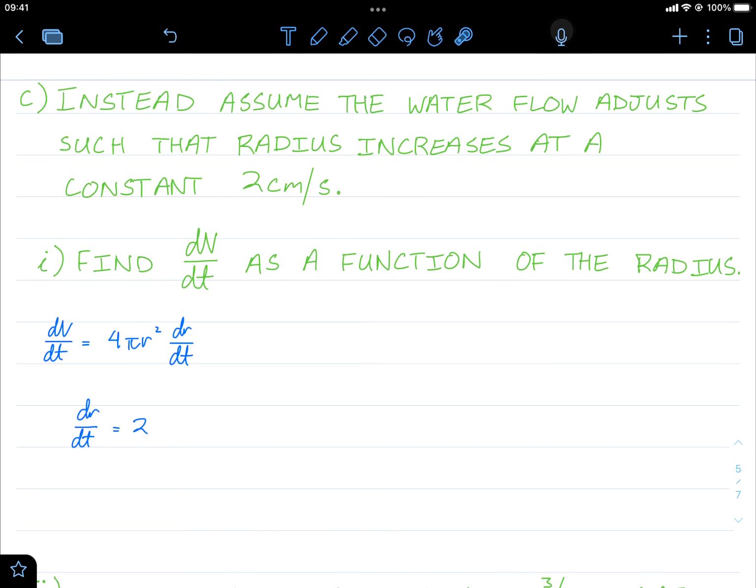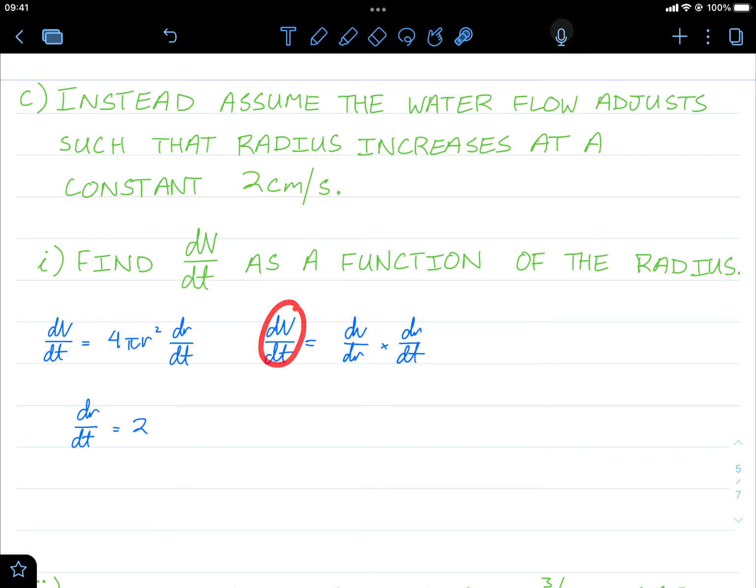So we can find dv over dt, because remember initially, right at the beginning, we had dv on dt equals dv on dr times dr on dt.